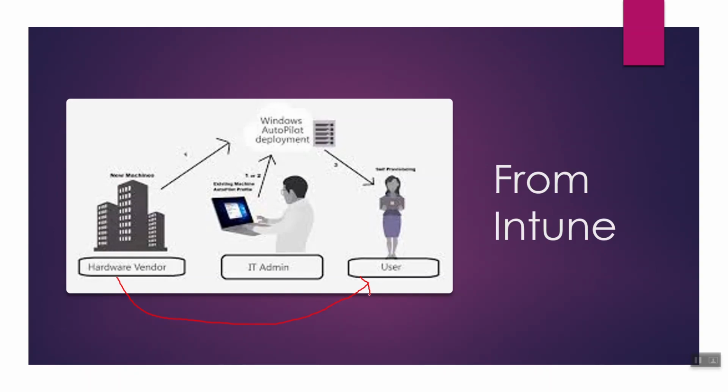Once the device is shipped without any intervention, the hardware vendor can upload the serial number of the devices to the portal, or the hardware vendor can provide a CSV containing the serial number of those devices to the IT admin.